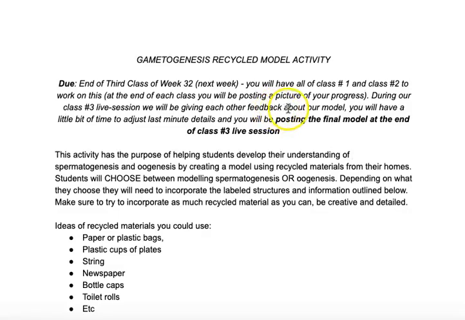So you'll be giving each other feedback for around 15 minutes and then improving your model for around 20 minutes, before you work on a Flipgrid video explaining your model and then post the final picture of the model at the end of your third class this week. So bear in mind that you'll have the 45 minutes of class number 1, the 45 minutes of class number 2, and then around 20 minutes of class number 3 to complete this.